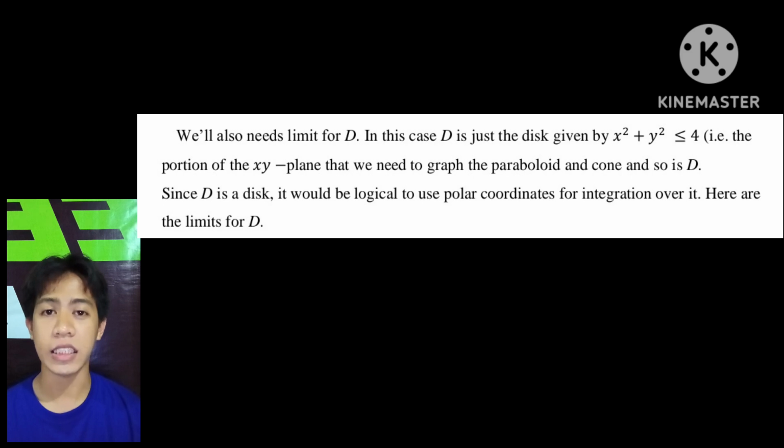We also need limits for D. In this case, D is given by x² + y² ≤ 4, the portion of the xy-plane where the paraboloid and cone graph, and so is D. Since D is a disk, it would be logical to use polar coordinates for integration over it.